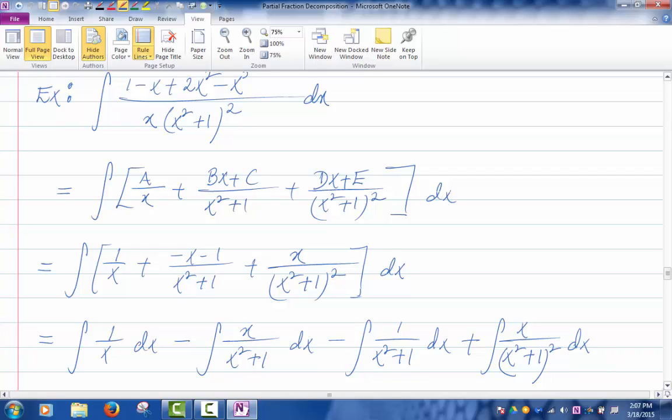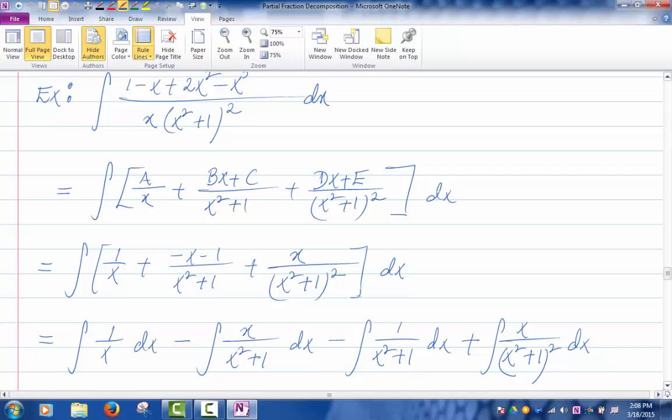So I'm going to get negative x over x squared plus 1, and negative 1 over x squared plus 1. Those two integrals in the middle are coming from the previous middle integral. And then I have the integral of x over (x squared plus 1) squared.